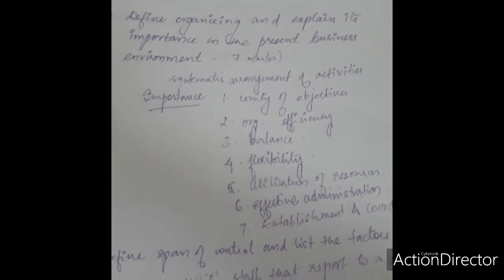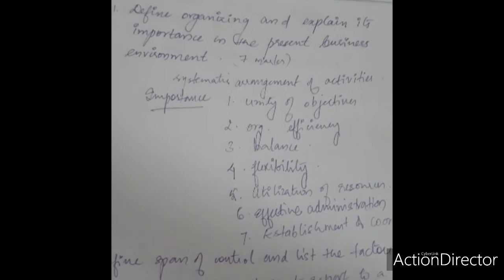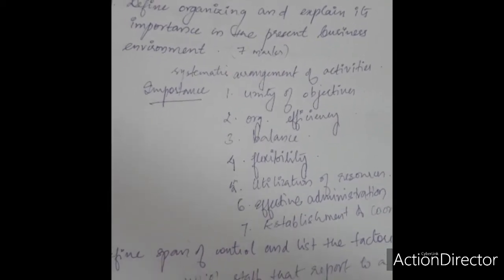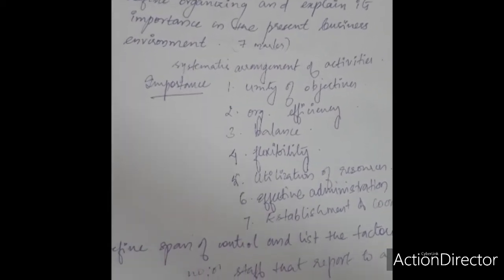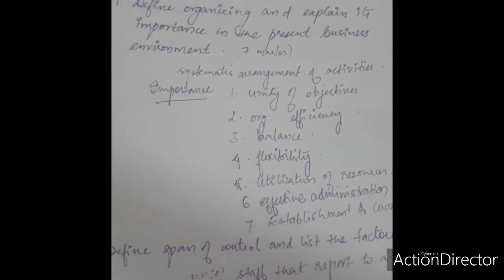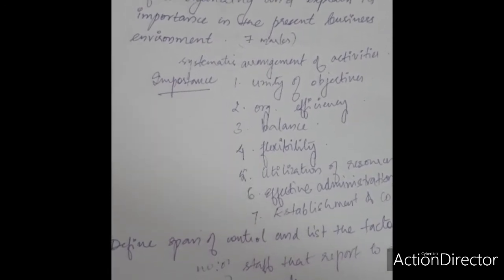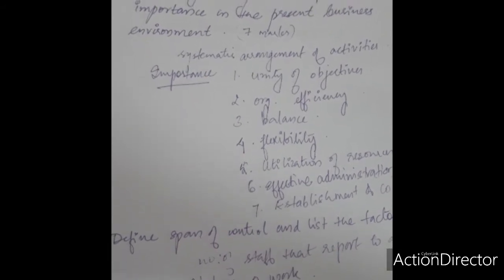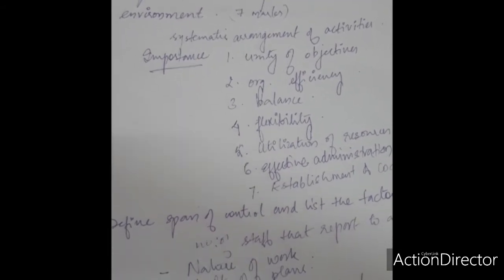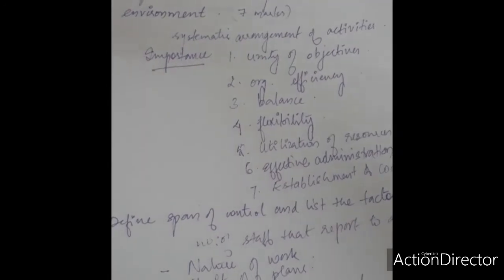The third one is balance. There should be a balance between the different organizational activities or departmental activities. That is, different departments and activities of the organization should be given proper weightage in proportion to their contribution to the overall objective. So a mix of centralization and decentralization should be created.